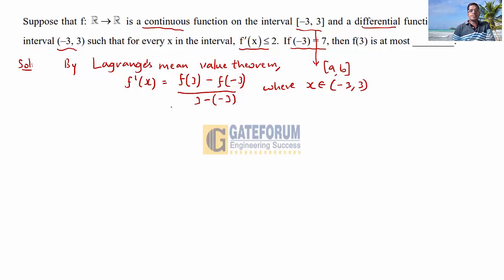So f of 3 is how much? It is not given. We are going to find it. f of minus 3 is 7, given. So f of 3 minus 7 over 3 minus of minus 3, which simplifies to 6.